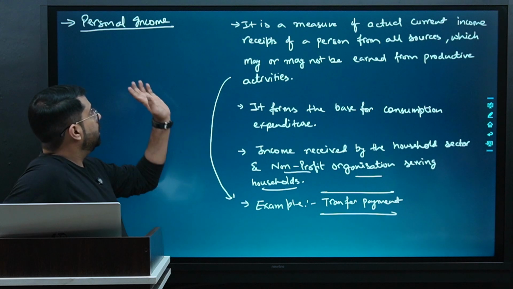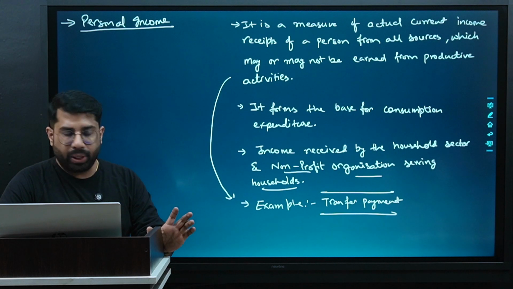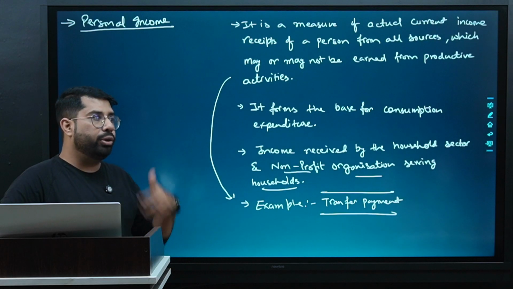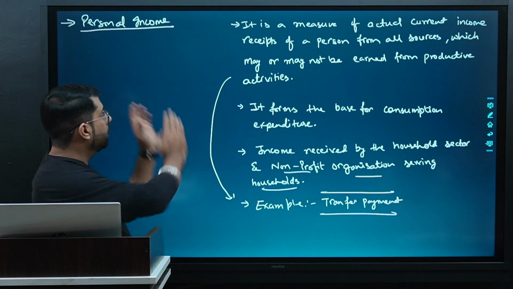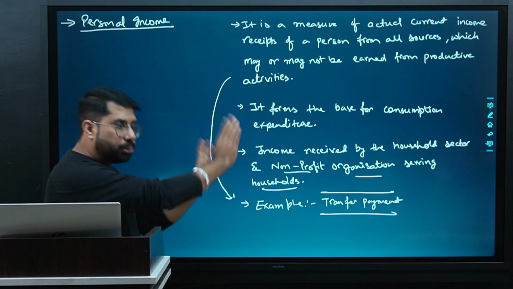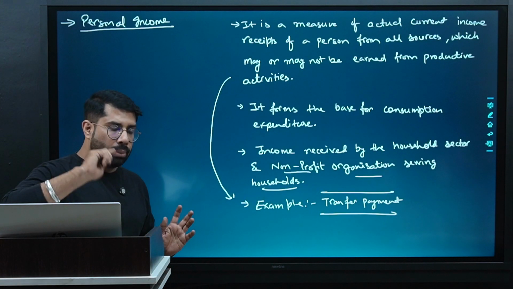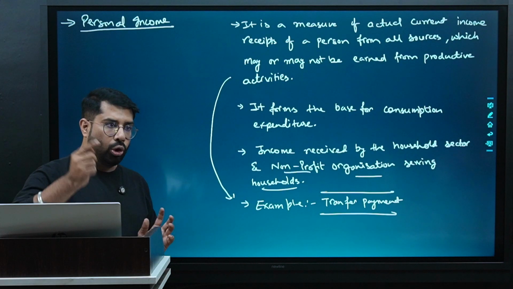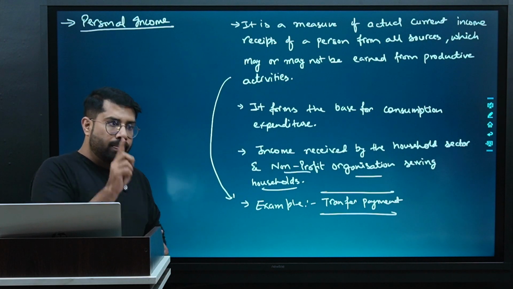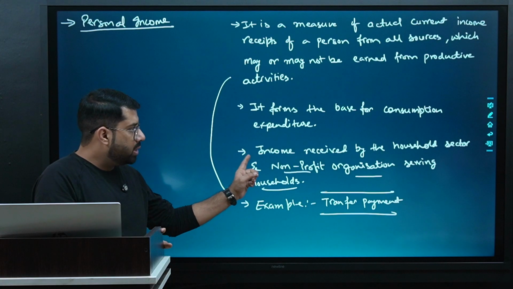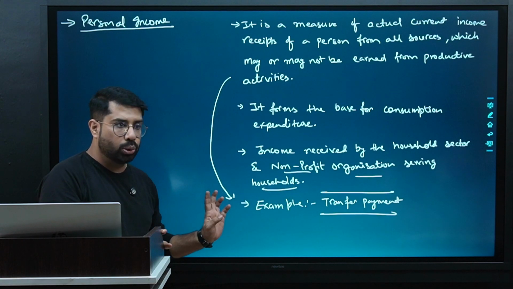Personal income, as I told you, is a kind of disposable income, which means a part of income we are free to use on our consumption. Correct? Now since personal income relates to consumption expenditure, and NIA says that any amount spent by an NPO on household consumption will also be included in consumption expenditure, that is the reason we are saying it is income received by the household sector and NPOs serving households.